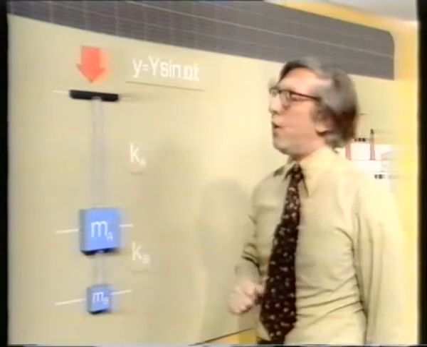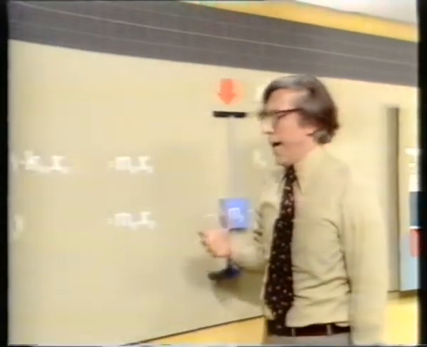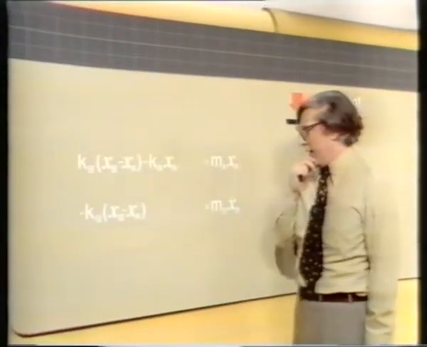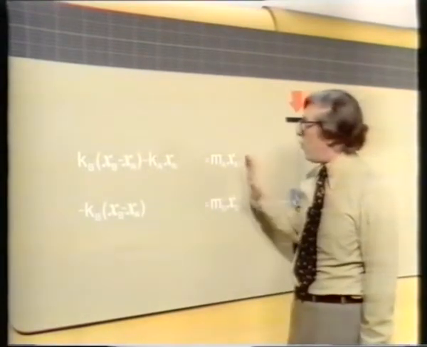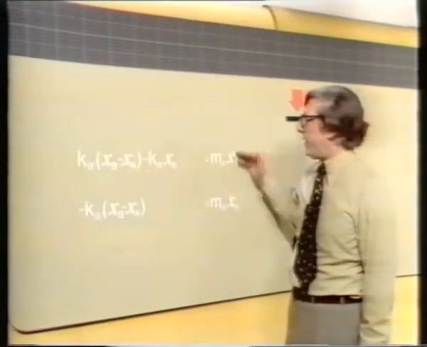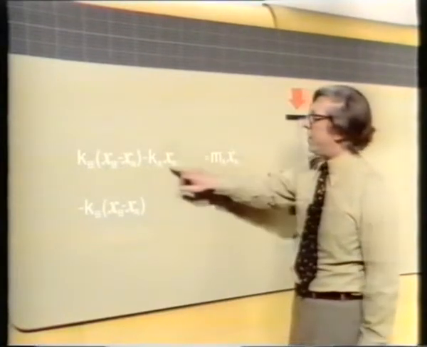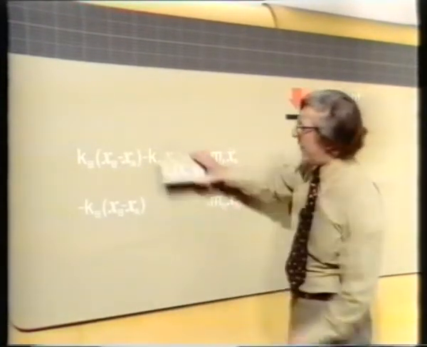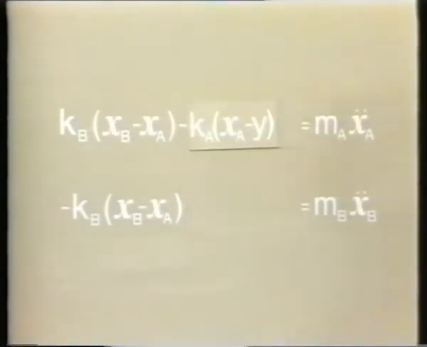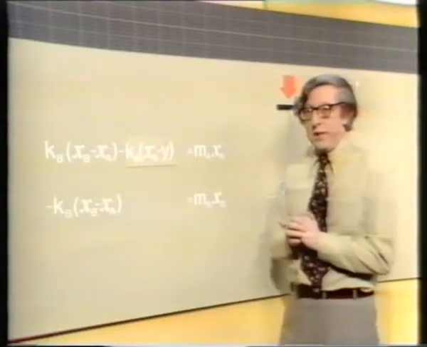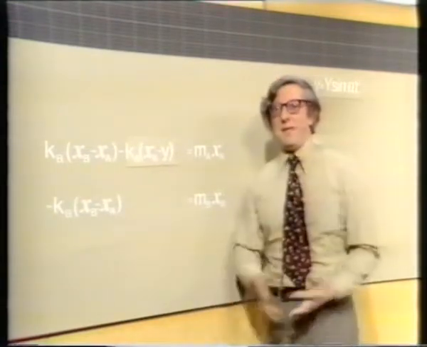Well, if I look at my equations of motion and I make this substitution, in fact, it turns out, and you really have to do this for yourselves, that the only change necessary in these two equations of motion is simply to change this xa to xa minus y. So that's the mathematics of the situation. Now, what does this mean experimentally?